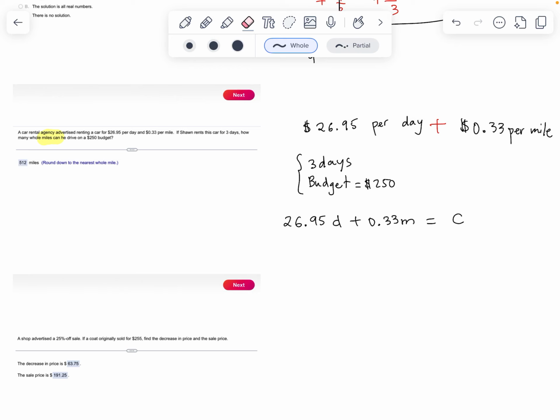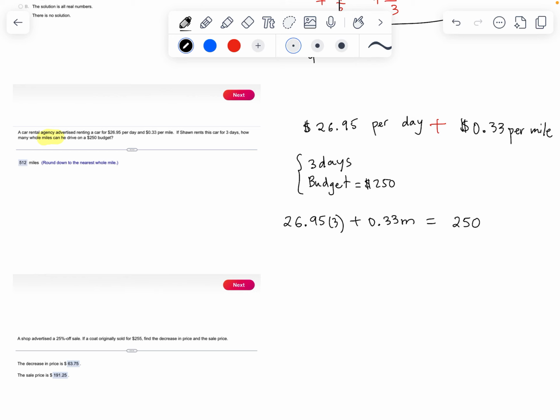But now we already know that Sean wants to spend a cost of $250. We also know that Sean wants to take the car for 3 days. You see? So now the only thing that we need to figure out is the m, which is the miles.